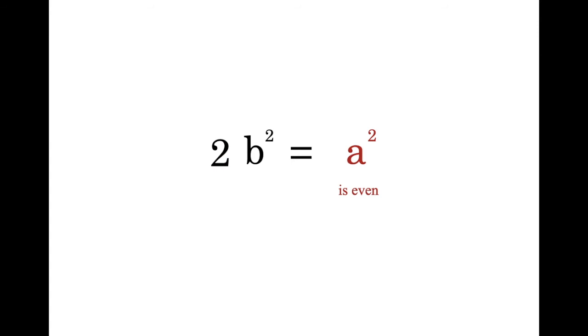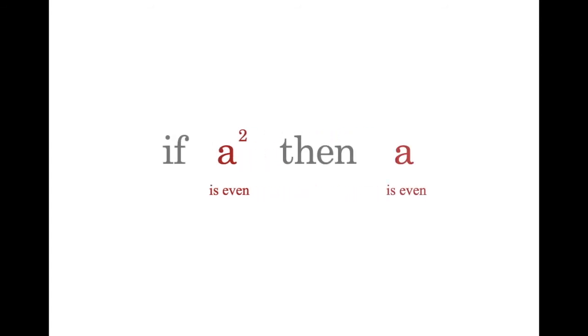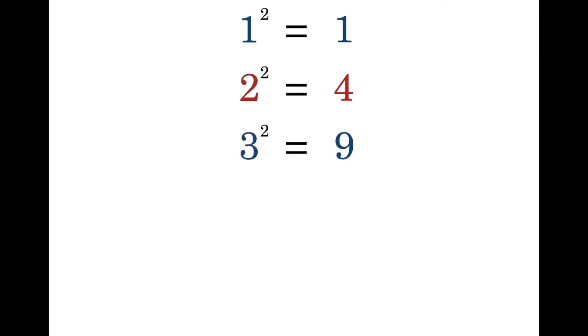Finally, any number whose square is an even number must be an even number itself. And if this last statement doesn't seem so obvious, consider these examples. Odd squared equals odd.